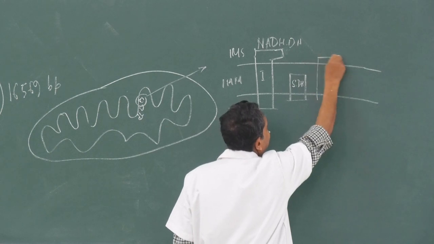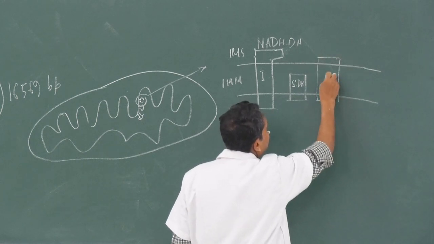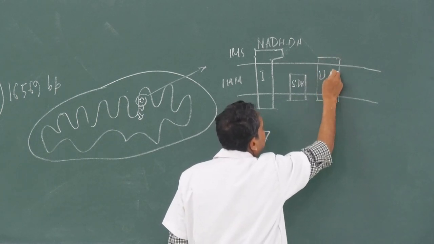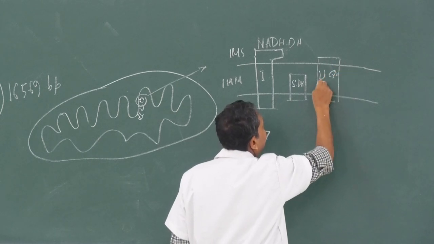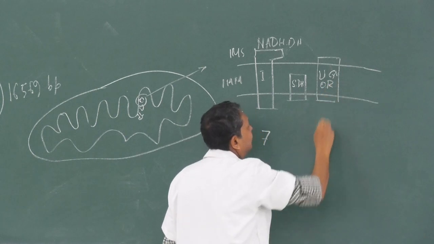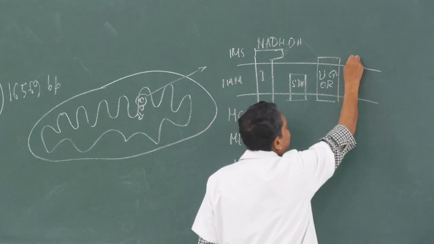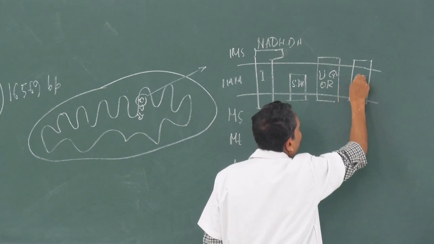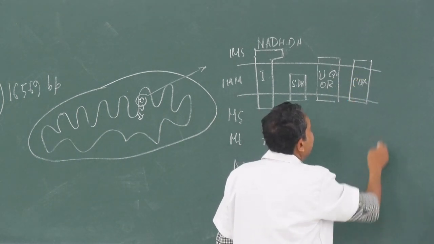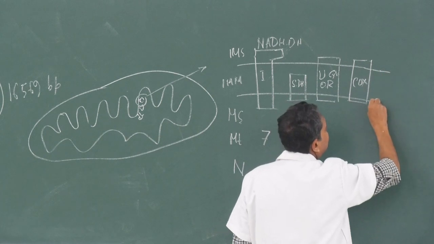And then there is another structure, ubiquinone, cytochrome C oxidoreductase. And then this is cytochrome C oxidase or COX. And then this component is most important.